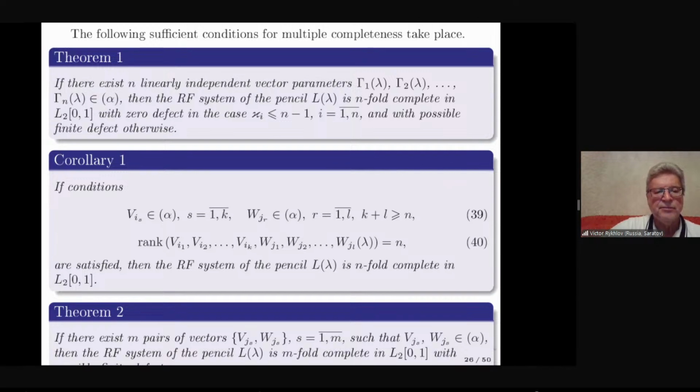If there exist m pairs of vectors v_js, w_js, s from 1 to m, such that v_js and w_js are from alpha, then the root function system of the pencil L of lambda is m-fold complete in L2(0,1) with possible finite defect.